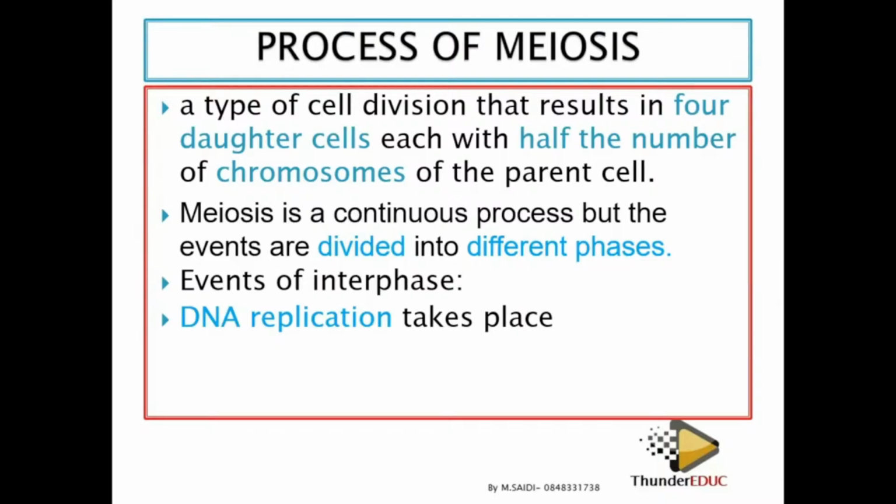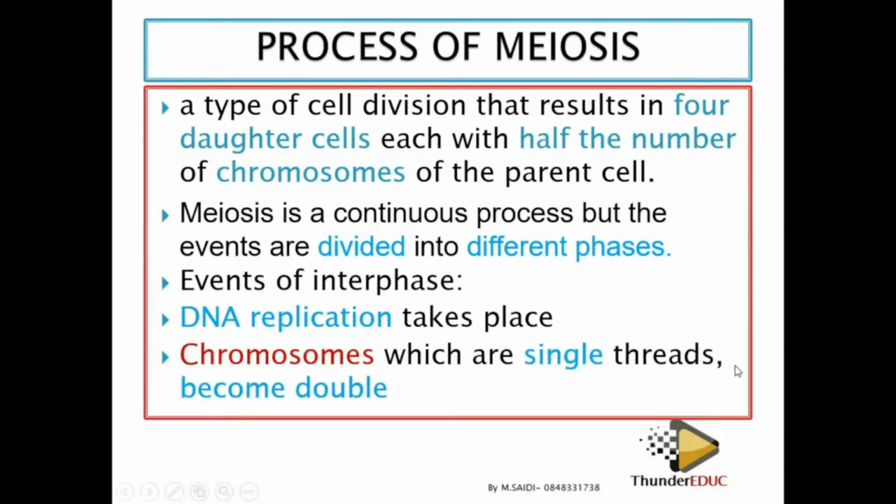So that process of growth is what we call interphase. And the things which occur in that phase, some of them are DNA replication, doubling of the DNA. Chromosomes which are single-stranded become double. We saw that we have what are called the unreplicated chromosomes. When they double, they become the replicated chromosomes.